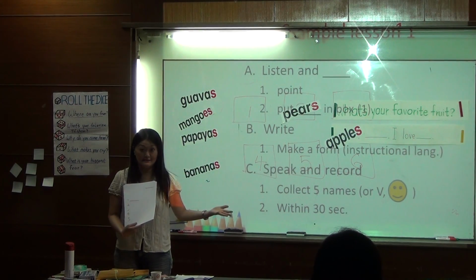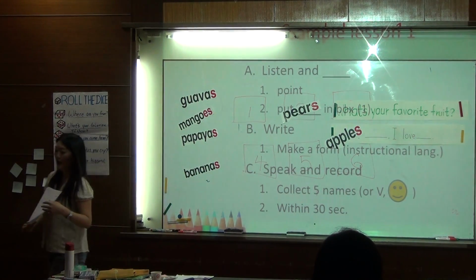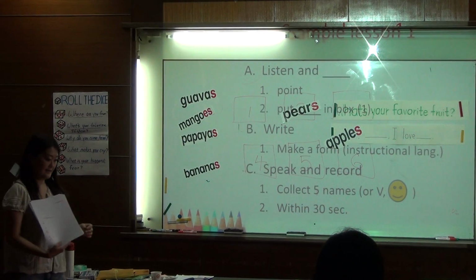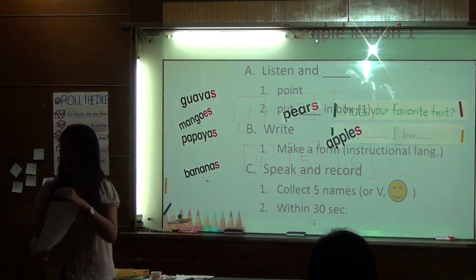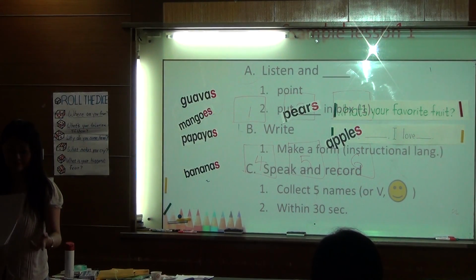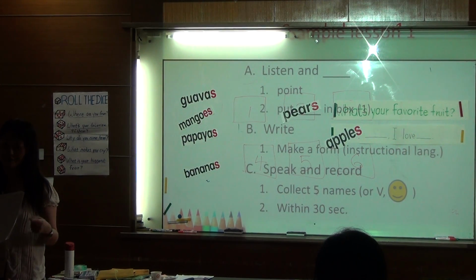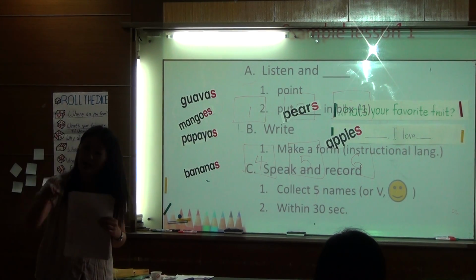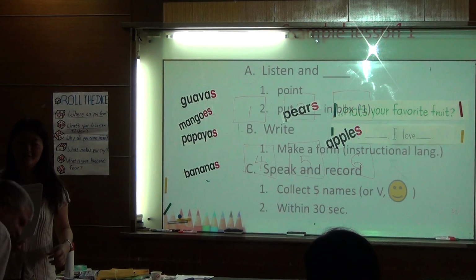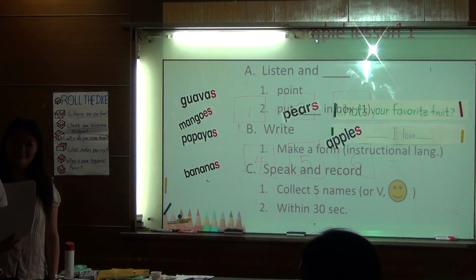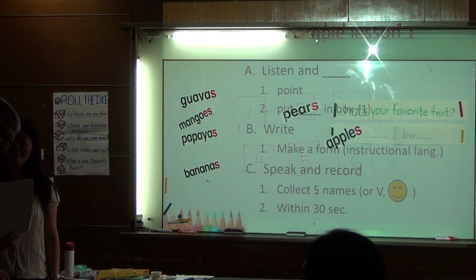So I'm going to ask you, what's your favorite fruit? Mangoes, I love mangoes. Very good. Now can you ask the person behind? What's your favorite fruit? Mangoes, I love mangoes.